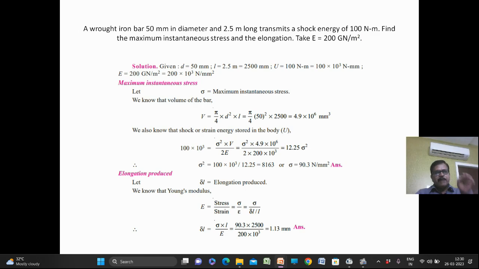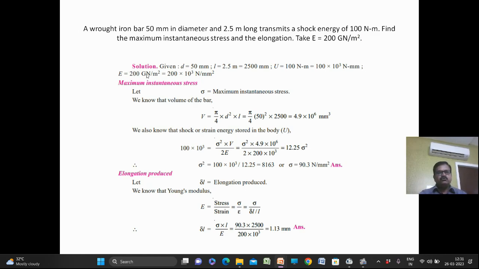Find the maximum instantaneous stress and elongation. Take Young's modulus as 200 giganewton per meter square. The given data is diameter 50 mm, length 2.5 meter, that is 2500 mm. Strain energy stored U is 100 Newton meter, which can be written as 100 into 10 power 3 Newton mm.